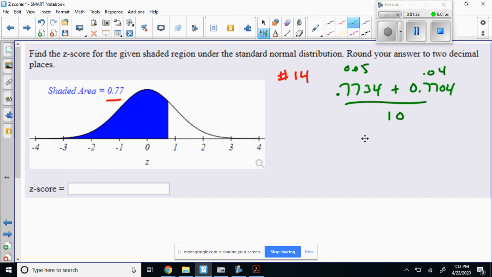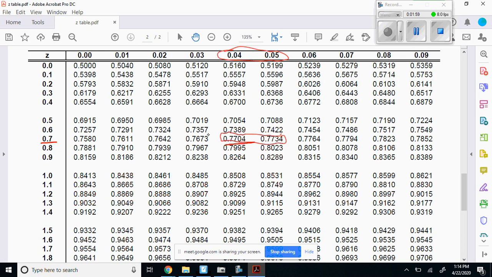Okay, so what that's going to do is... no, it needs to be the other one. My bad. I grabbed the wrong one. This one.